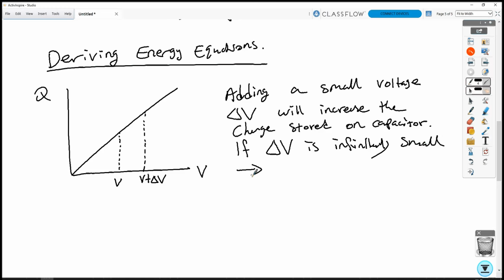And when we say things are infinitely small in mathematics, we stop writing delta V and we now call it dV. Then Q as a function of V is unchanged for that small strip.